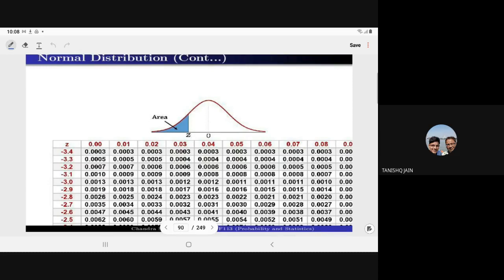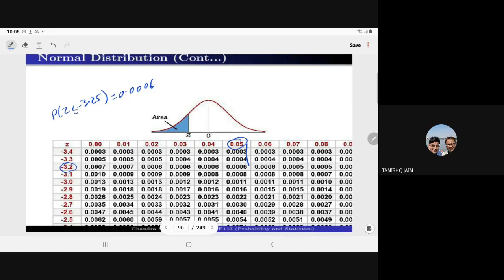So for example, if I want to find the probability of z less than or equal to minus 3.25, let's say this. Here we have the 3.2, here we have the 0.05. So its combination, its value will be 0.0006. So in this way, we can read the CDF value from the table.